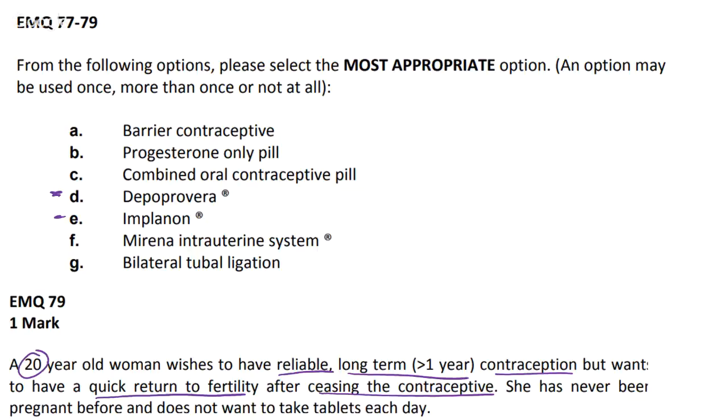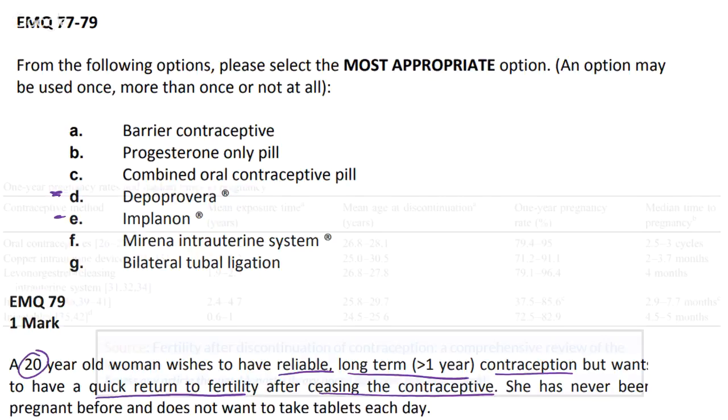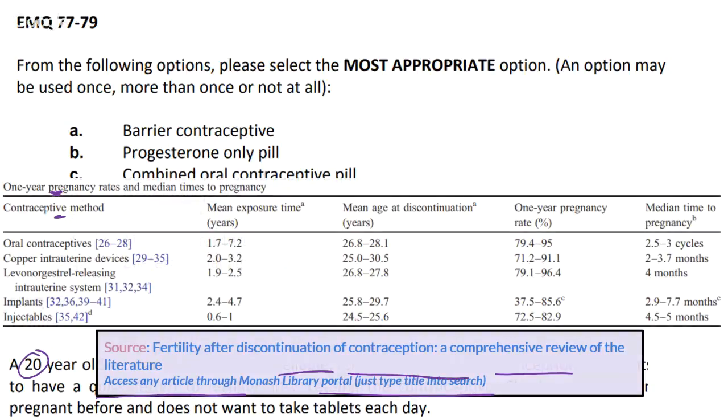Fertility. Yes, that's exactly true. And I had to look this up for myself. This was a systematic review of many of the studies comparing the return to fertility for many of the contraceptives. What you see here is implants and injectables.